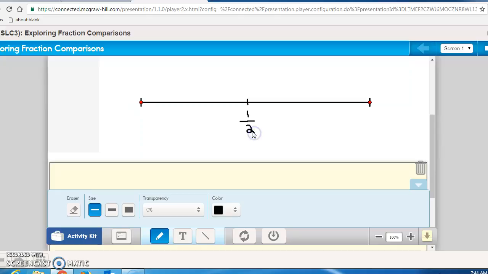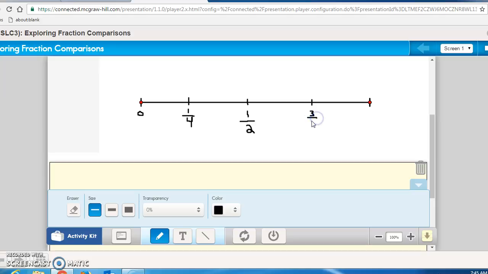Well, if that's a half, then I know between 0 and a half, right in the middle, will be a 1/4. When I cut 1/2 in half, I get a 1/4. So if I add this 1/4 onto the half, I come up with 3/4.